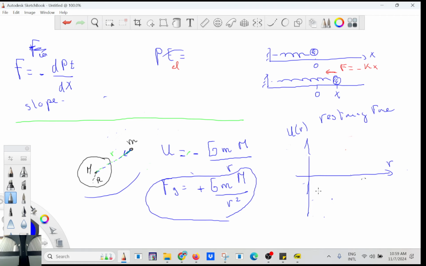Remember that for any function, you want to go to the extremes. What's going to happen if r is really big? What's going to happen if r is very small? So if r is very big, what is it going to be? 1 over infinity is 0. Very good. Is this value positive or negative? Negative, so I should be here.